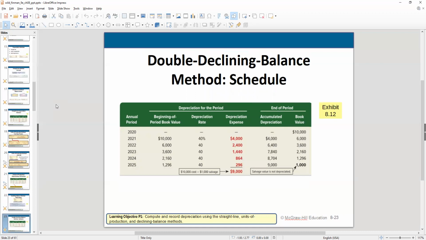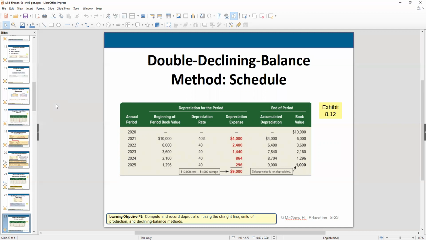Now, this is one of those charts that you're going to need to follow one step at a time when you get to homework problems. You can't rush this. You've got to calculate it line by line. So in 2020, we bought the item, but we didn't place it in service until 2021. So in 2021, the beginning book value is $10,000.